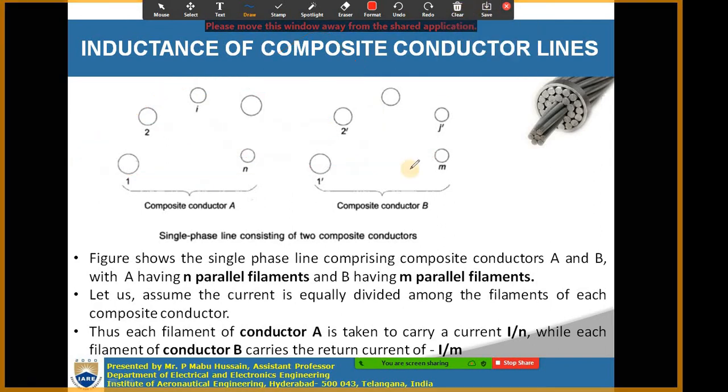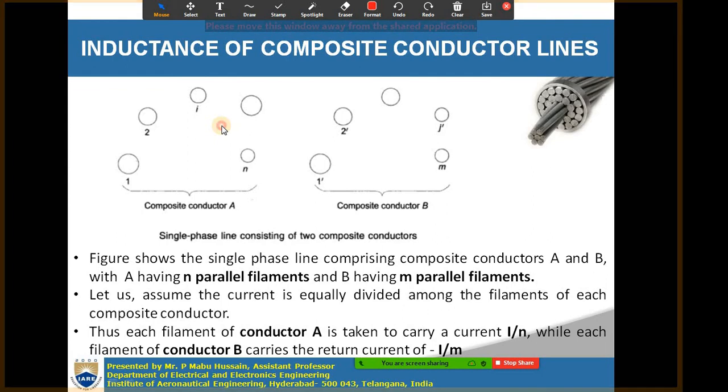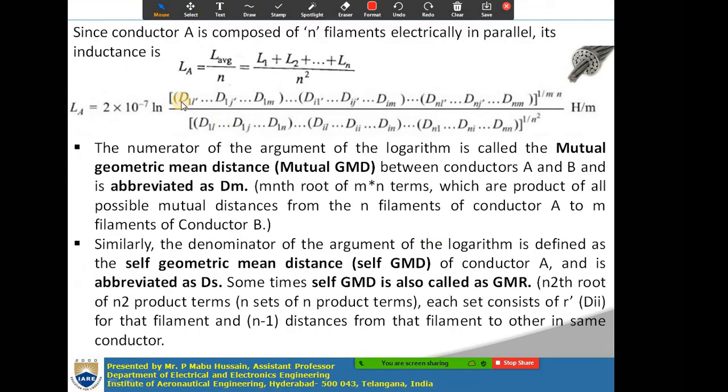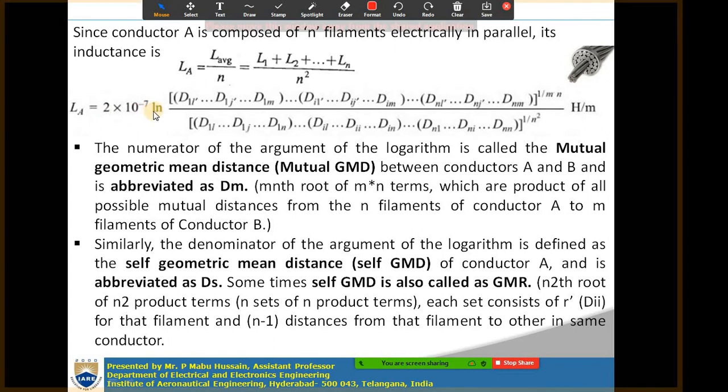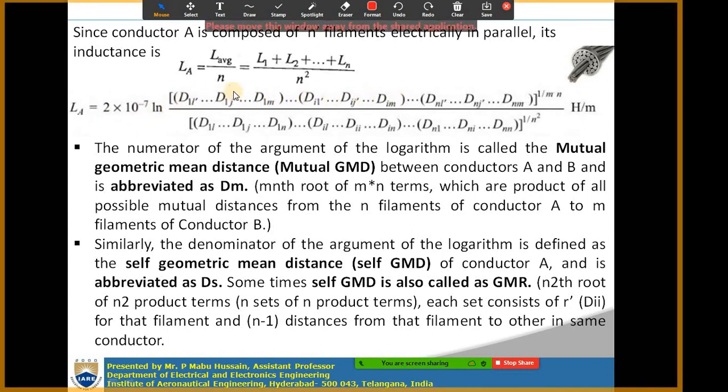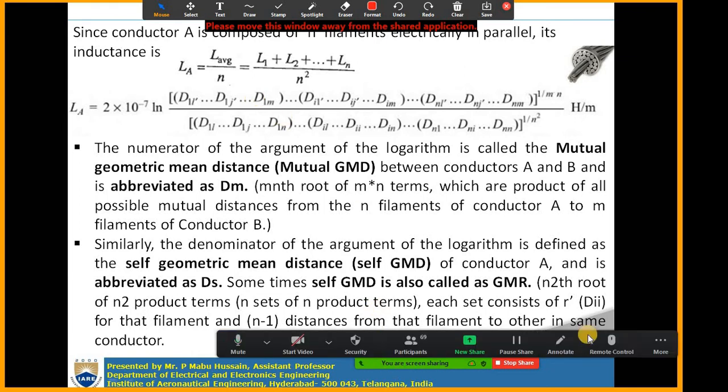Okay. Like this you have to write for all the conductors. See in this expression 2 into 10 power minus 7 ln, the numerator terms are mutual distances from conductor 1 2 up to m to all the conductors of conductor B. Okay.